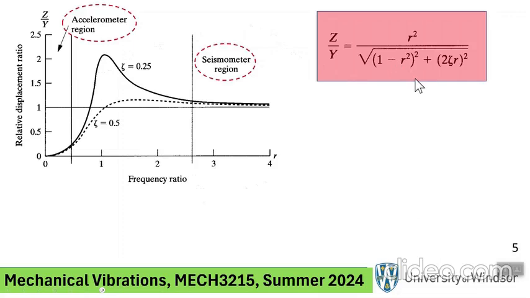We can plot this as Z over Y. Now, you might say, wait a minute, I haven't seen a graph like that. Because when we did base excitation, we didn't plot Z over Y. What we plotted was big X over Y. In other words, when we did base excitation, we decided not to use the relative stretching or compression of the spring, but we used the absolute one, big X over Y. That's why the graph looks different.